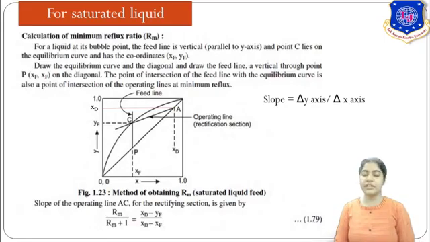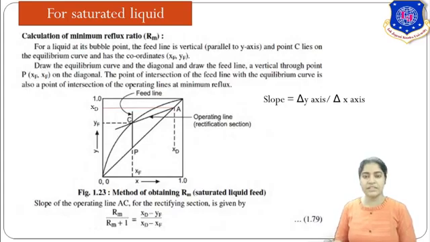Now here we need to find Rm, the minimum reflux ratio. We are clear about the slope of the operating line of the enriching section, which is R upon R plus 1. Mathematically, slope is the difference in y upon the difference in x. So Rm upon Rm plus 1 is also your slope value.